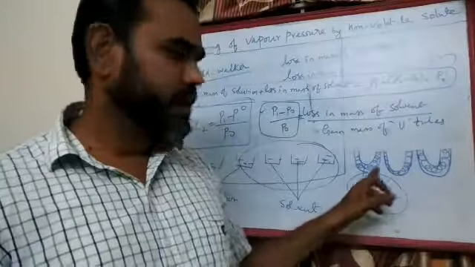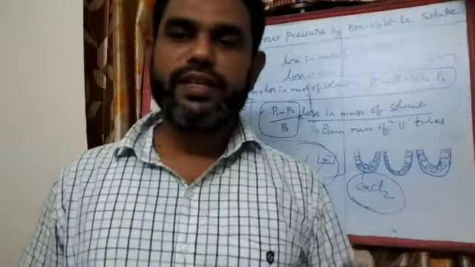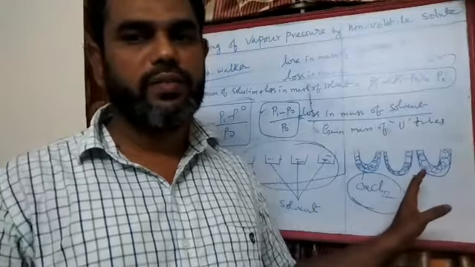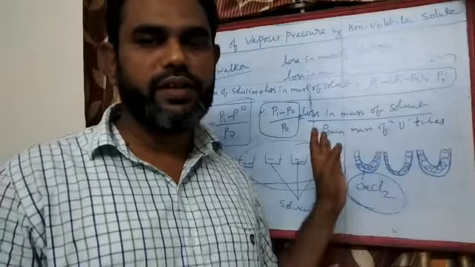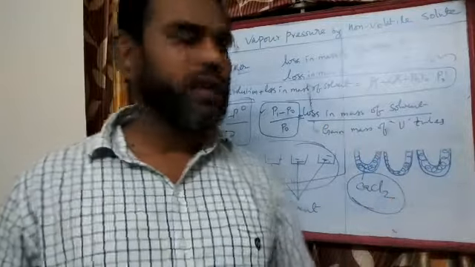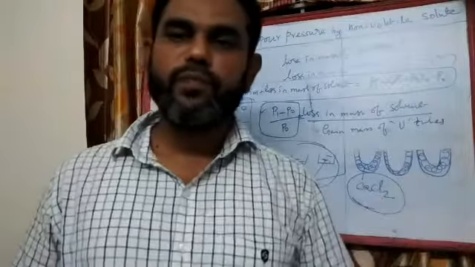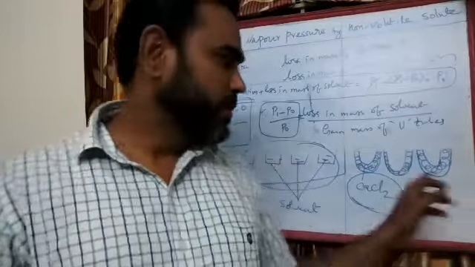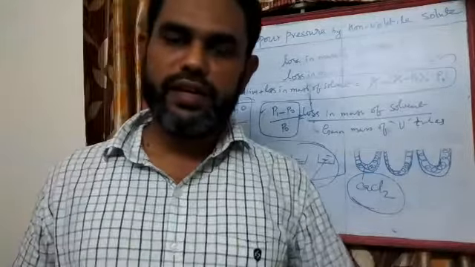Then it is connected to U tubes which contain the reagent, the one which absorbs the moisture of the solvent. Here we are taking water as a solvent, hence we are taking calcium chloride as an absorbing reagent. So all the 6 bottles plus the 3 U tubes are connected in sequence.